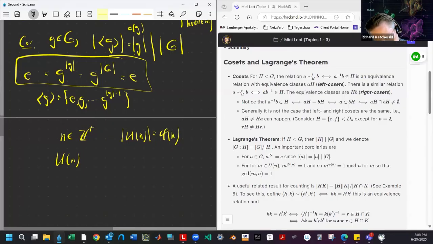So if we take m in here, m raised to the size of this group is going to be 1, because the e here is 1. And so this says that m to the phi n is equal to 1.